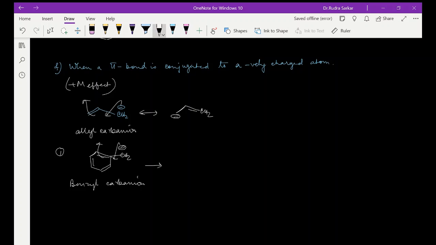So this CH2 group is also over here showing plus M effect, and it is increasing the electron density in the 2, 4 and 6 position of the benzene ring with respect to the CH2 group, as can be seen.